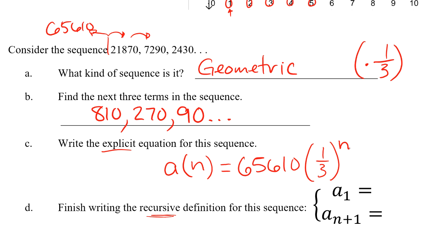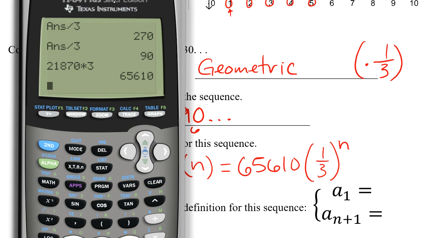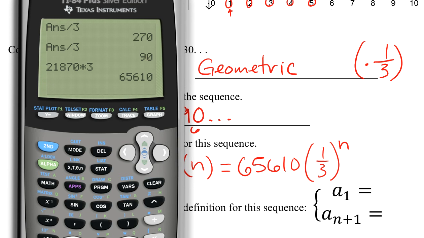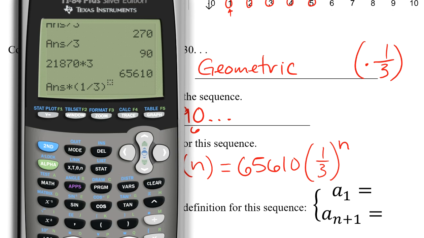So what I do is if I just keep changing the value of n, this is going to give me every single value in the sequence. So I know, for example, this is the first, second, third, fourth, fifth, and sixth. So my claim is if I put, for example, 5 into that explicit equation, it should give me 270. So let's verify that. So there's my 65,610, and I'm going to multiply that by 1/3 and raise that to the 5th power.